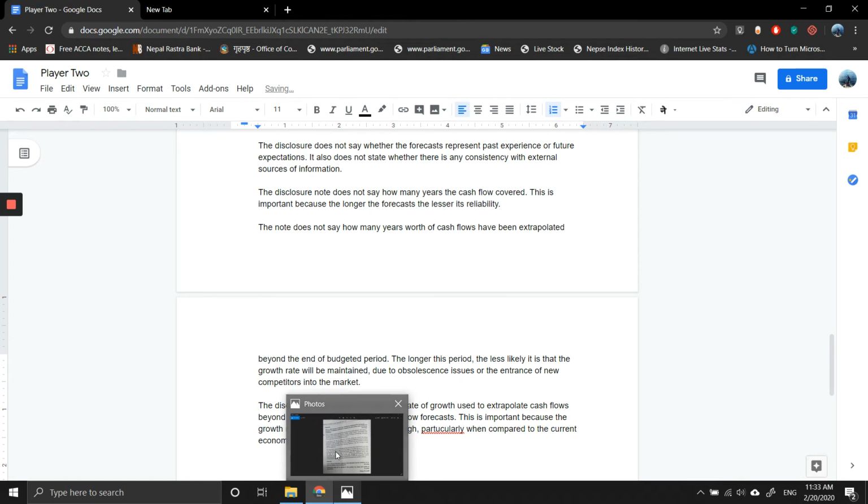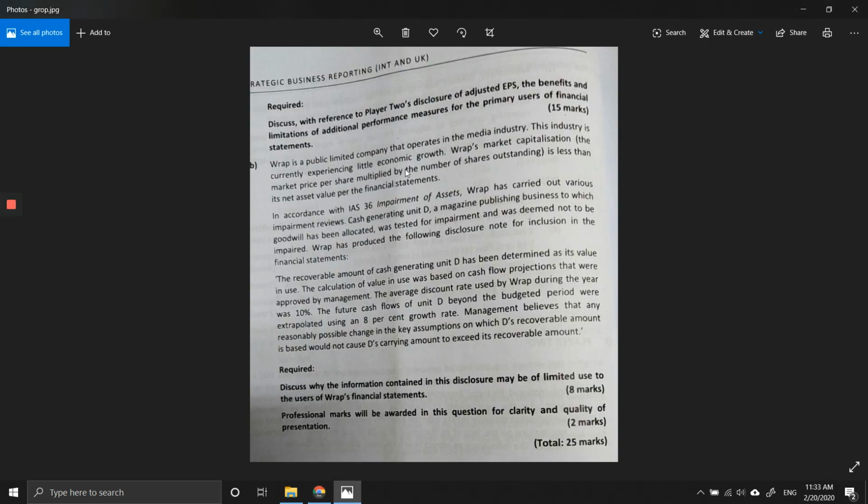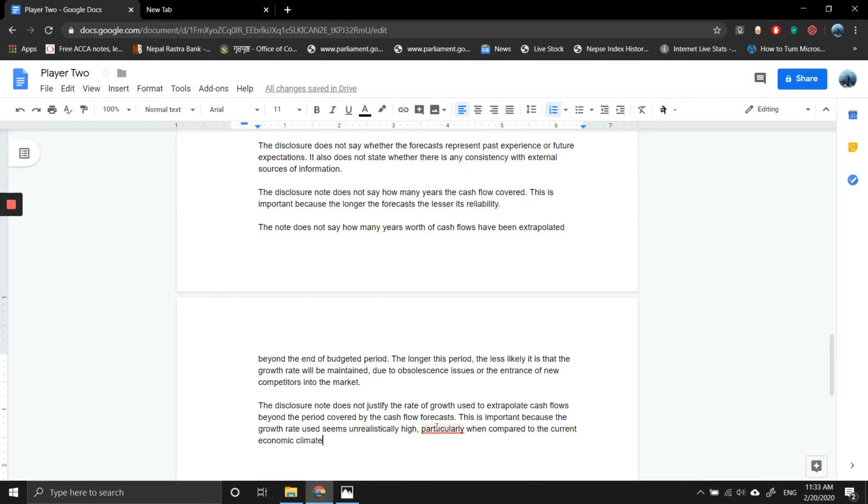Little economic growth, right? The industry itself is growing little, and the sluggish performance of the industry within which RAP operates.